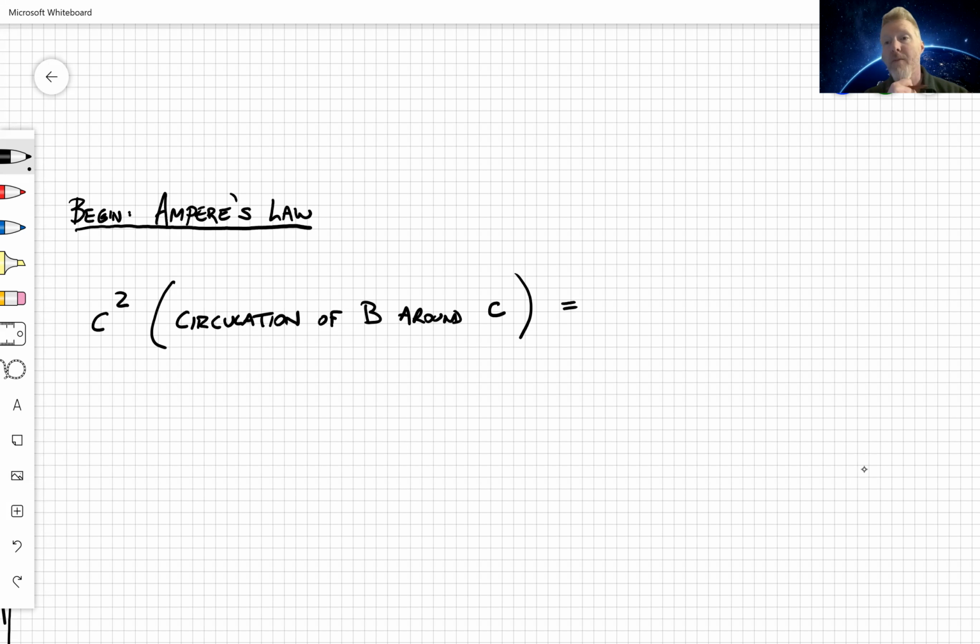There's actually two terms involved in this one. This was equation number 4. You might remember, or you might not, but there was a d by dt term in this.